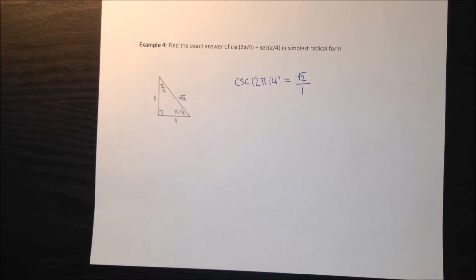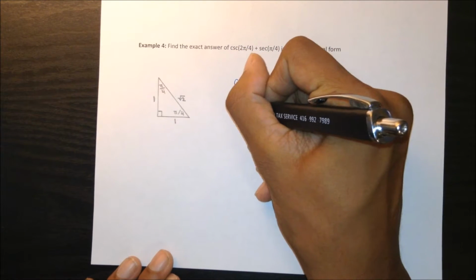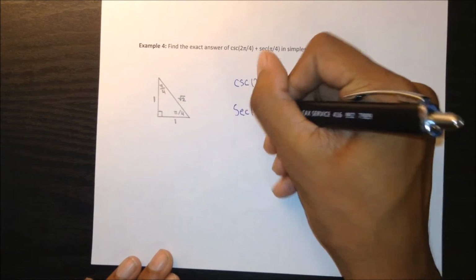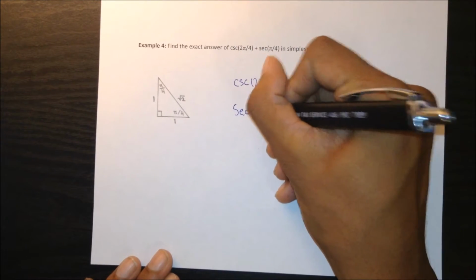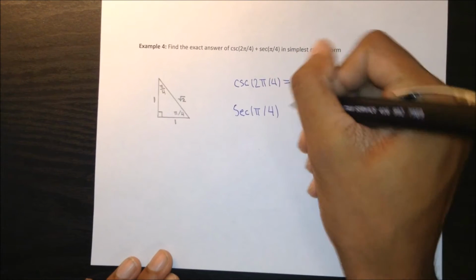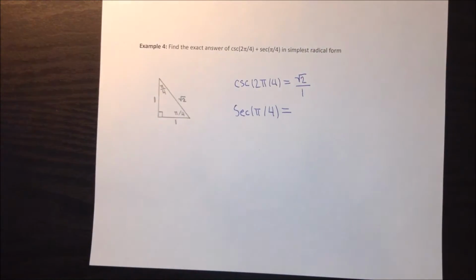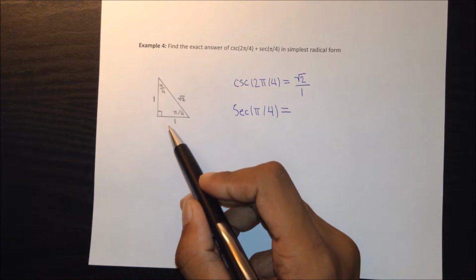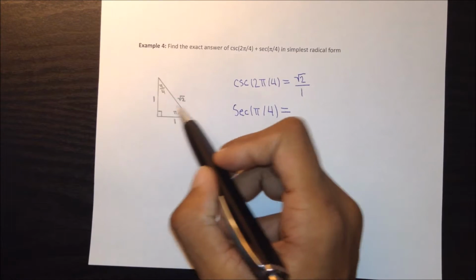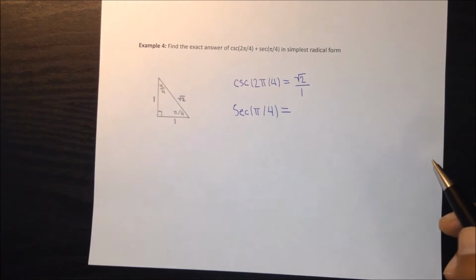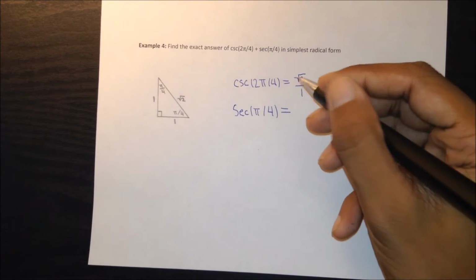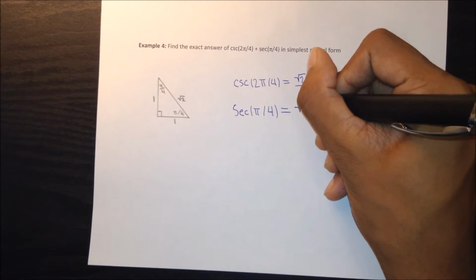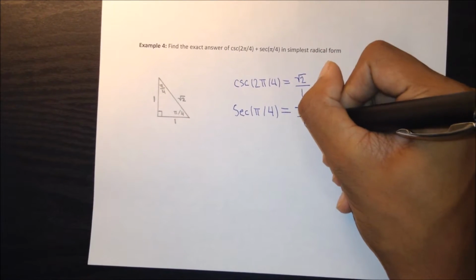Next, let's find secant pi over 4. We know that secant is the inverse of cos, so if cos pi over 4 is adjacent over hypotenuse, then the inverse of that would be root 2 over 1.